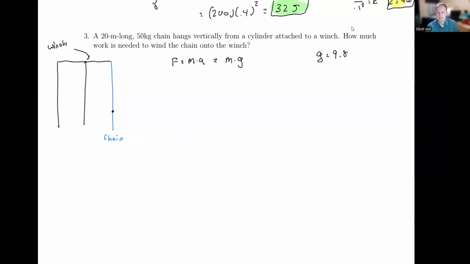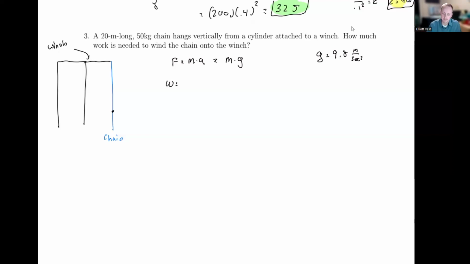I maybe should have put this in the first page here, but gravity is 9.8 meters per second squared. That's what we're going to use for all homework. So the chain is having just a constant force on it because the force is just what gravity is doing to it. However, the amount of work changes depending where we look at the chain, right?